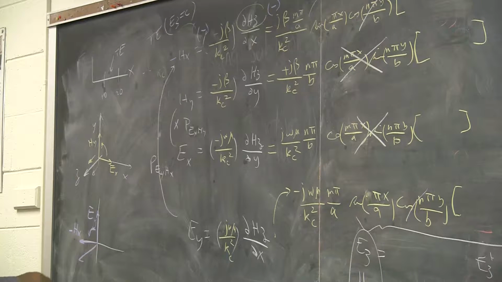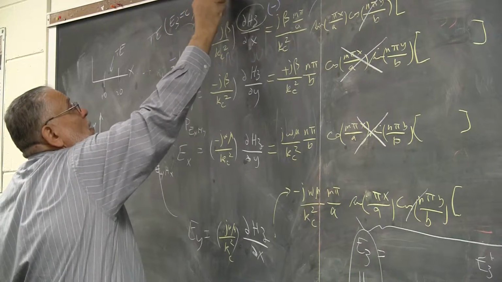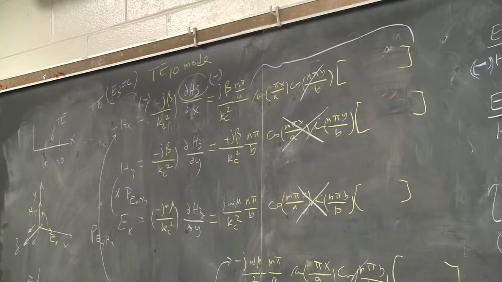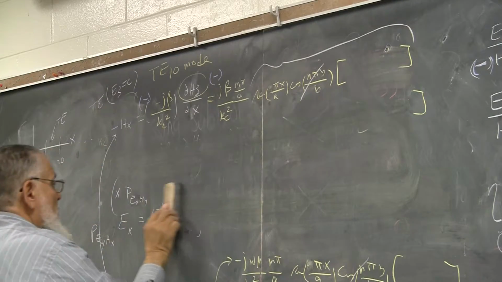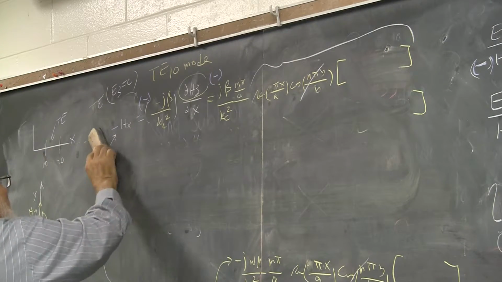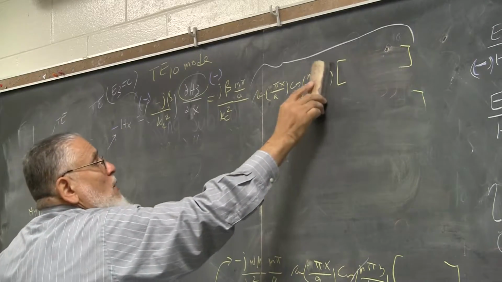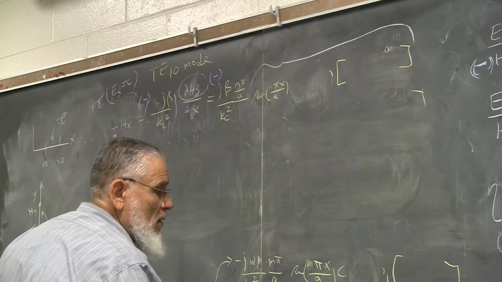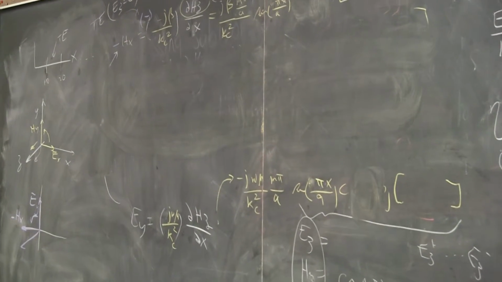So the 1, 0 mode is right there on the board for you. I'm going to say TE 1, 0 mode. The cosine of 0 is 1. Both EY and HX are the ones that exist.